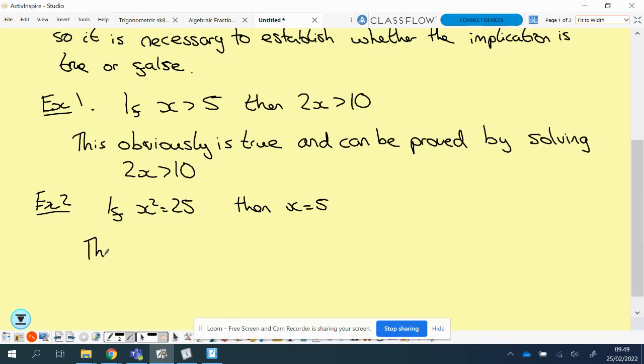So this is false, as x could equal -5. So we found a counterexample to that statement. Do you see what I mean about not having to do it for all x's? We just found a counterexample and that's shown it as false.